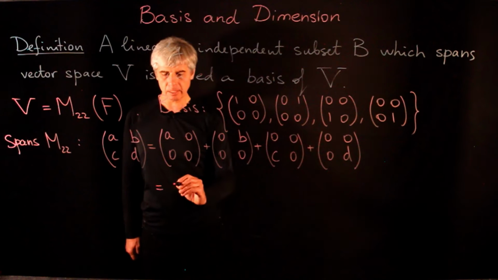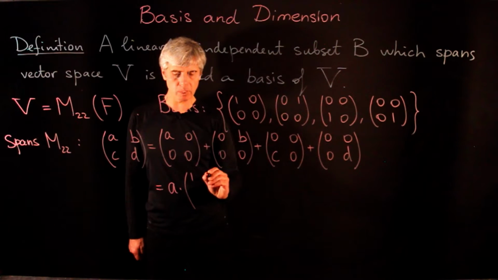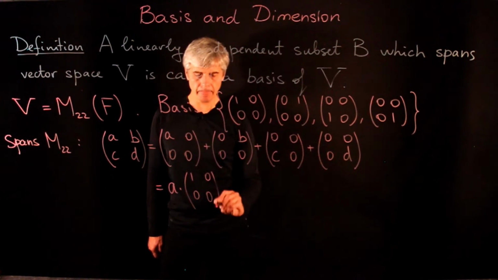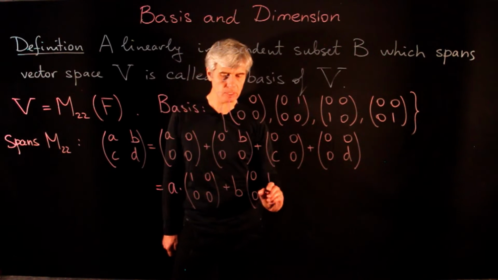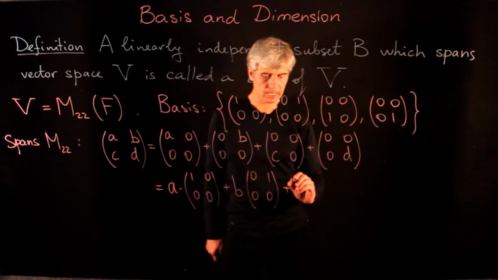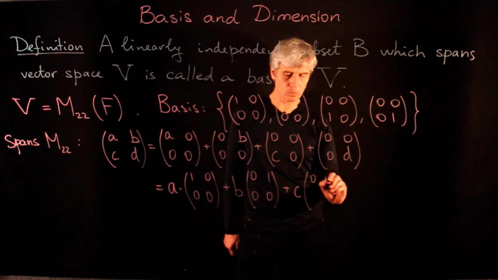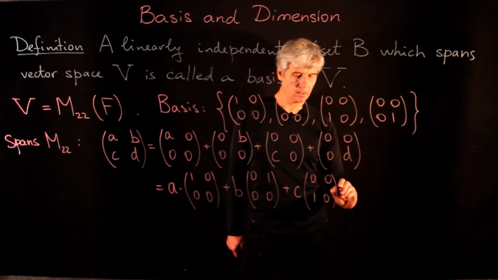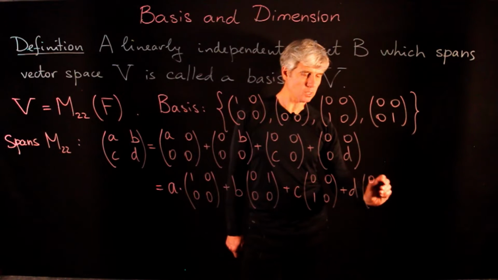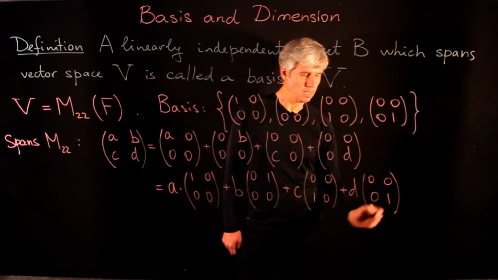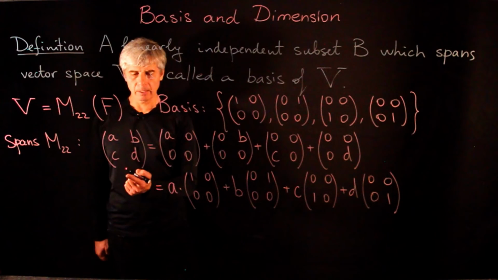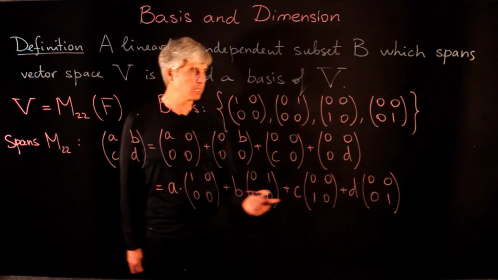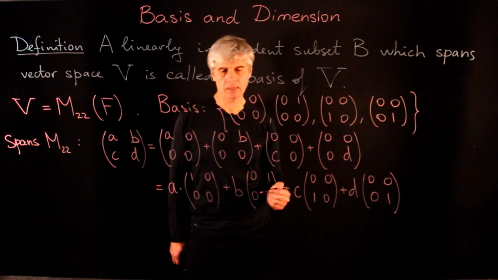But then this is a times the matrix [1, 0; 0, 0] plus b times [0, 1; 0, 0] plus c times [0, 0; 1, 0] plus d times [0, 0; 0, 1]. And now we just interpret this equality as saying that this matrix is a linear combination of the four matrices here.